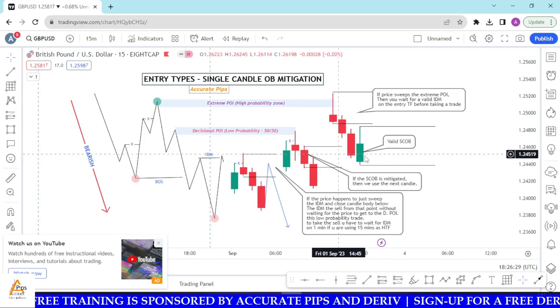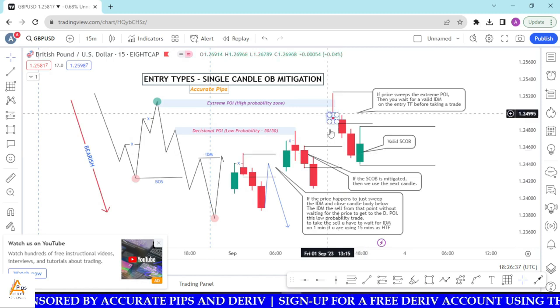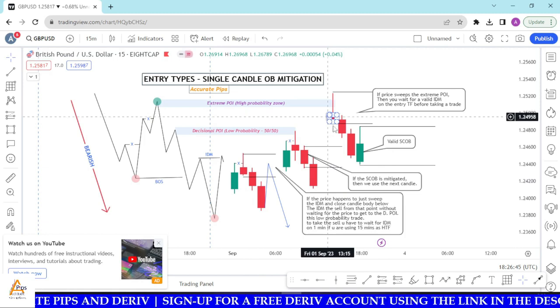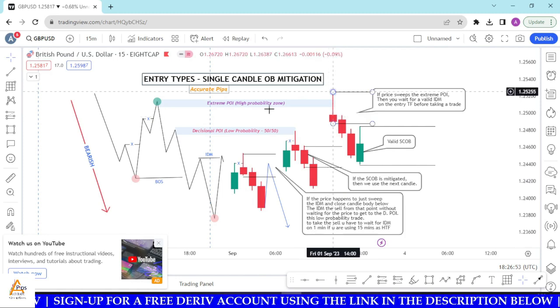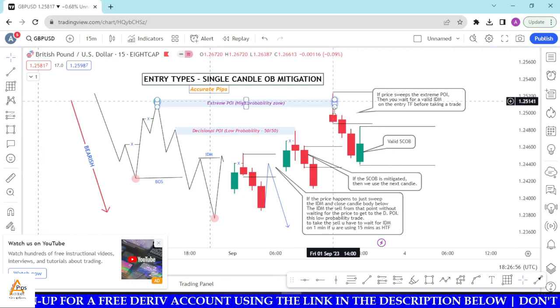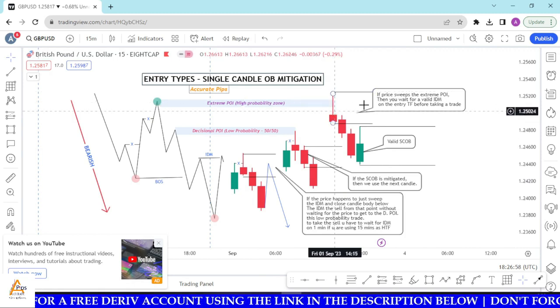All right, now what I was talking about, this extreme OB. Let's say the extreme OB, price came and just swept the whole order block. That's why it's not advisable to be taking limit orders anyhow, because sometimes price can just sweep the order block and then close below it. When you see this, then you wait for a valid inducement on the entry time frame before you take the trade.